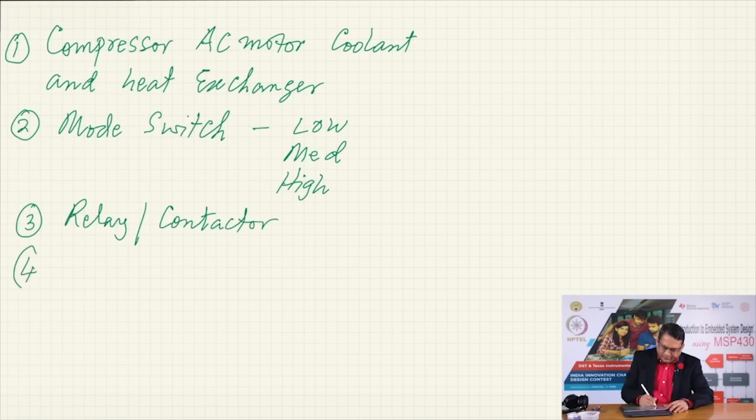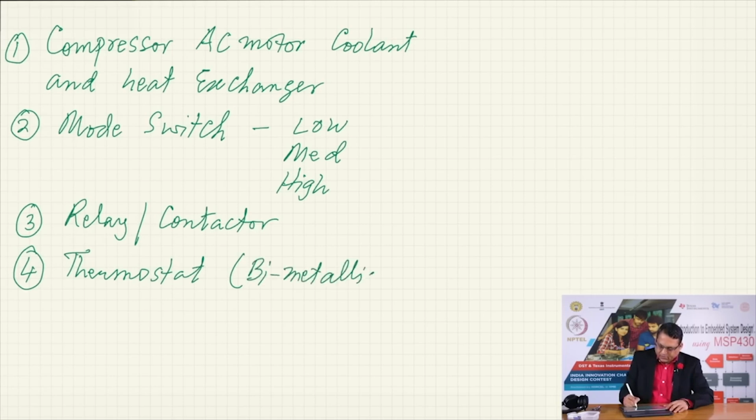And fourth, you had a thermostat, and in the olden times it used a bimetallic wire type of thermostat. Now, with the help of these 4 devices, a user would select how much cooling they wanted.